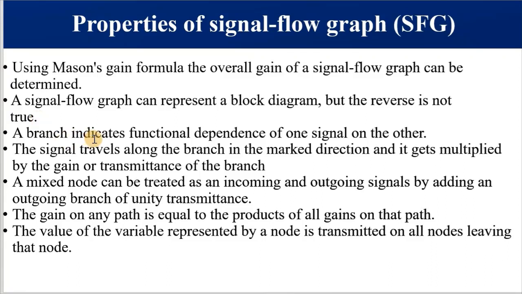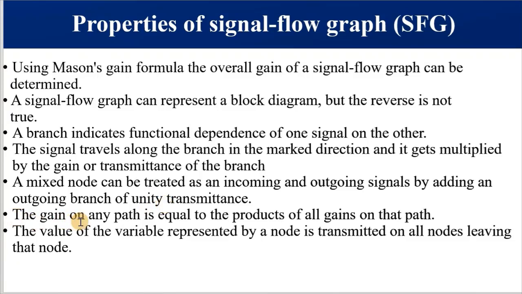A branch indicates functional dependence of one signal on the other. We saw this, and we saw that x2 is equal to ax1. That's functional dependence. The signal travels along the branch in the marked direction, and it is multiplied by the gain, or transmittance, of the branch: x2 is equal to ax1. Then a mixed node can be treated as incoming and outgoing signals by adding an outgoing branch of unity transmittance, or of 1.